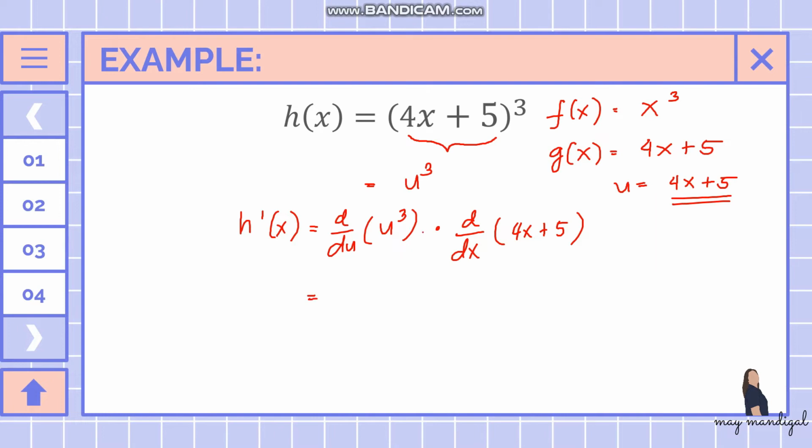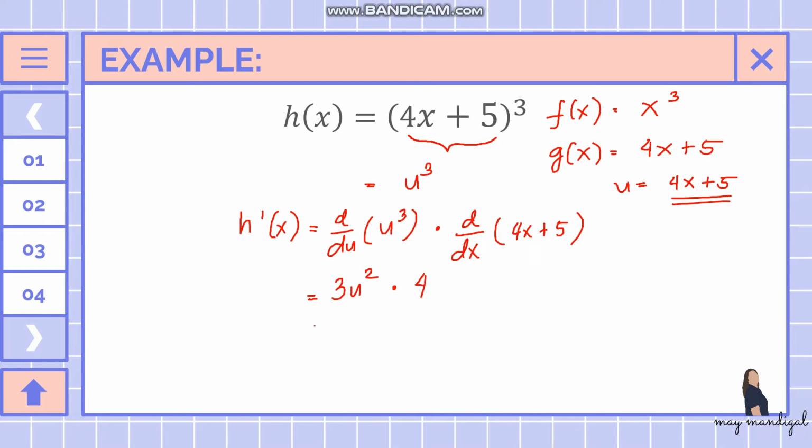For u cubed, you can just use the power rule. Get the exponent, multiply it to the base, and subtract 1 so that you get the new exponent, which is 2. Then get the derivative of 4x plus 5 as well, which is 4.